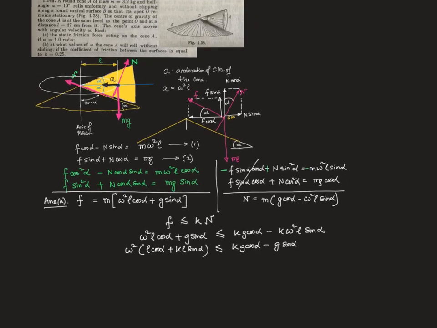Therefore, for no slipping, or no sliding, this is the condition: omega is less than or equal to the square root of g times K cos alpha minus sin alpha, divided by L times cos alpha plus K sin alpha.